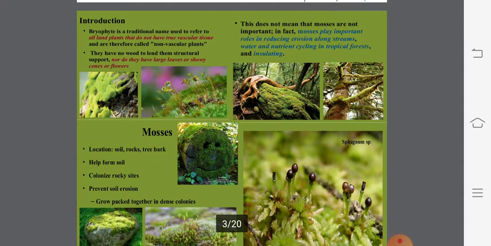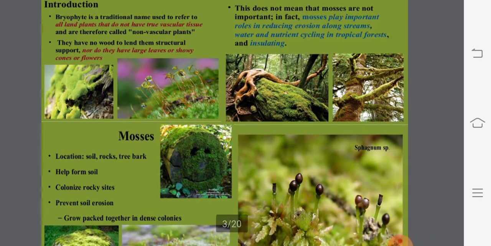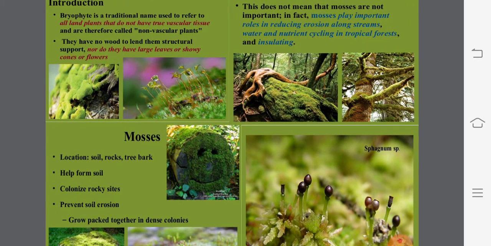In relation to bryophytes, as a traditional name, in land plants they are supposed to be pioneers, developing firstly on the substratum.